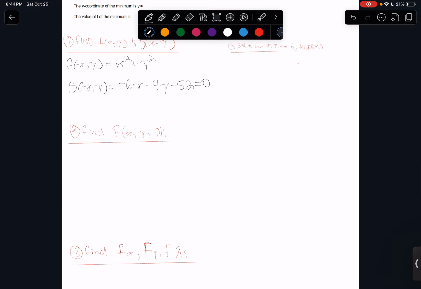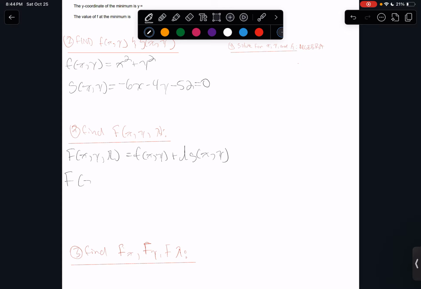Now for step 2, we're going to find our equation with Lagrange multipliers, which we know is capital F, pardon me, F(x,y,lambda) equals f(x,y) plus lambda g(x,y). Great.